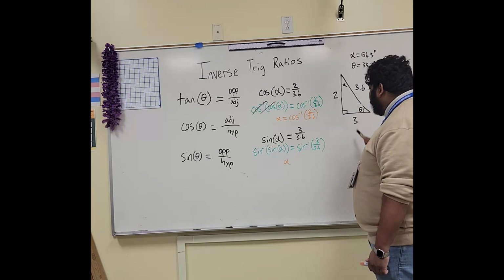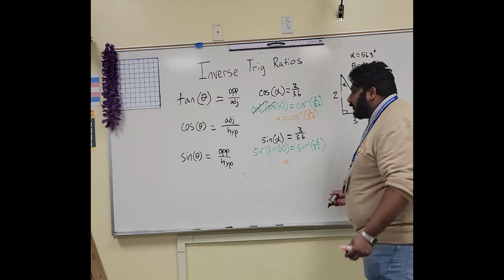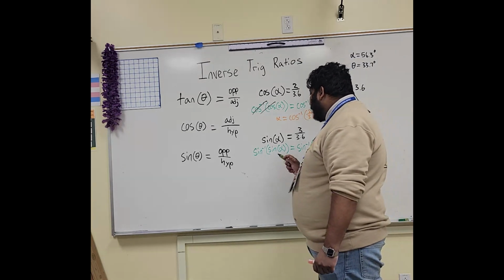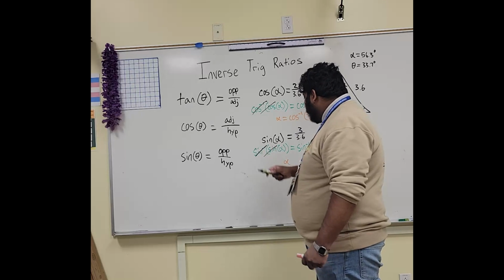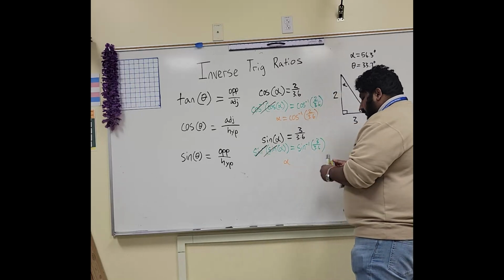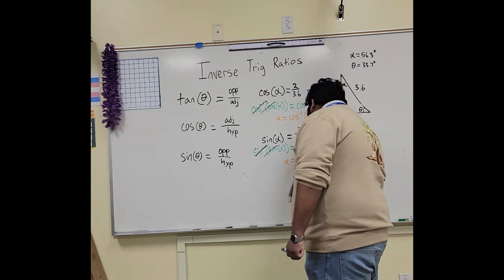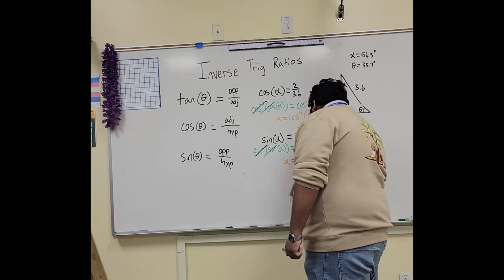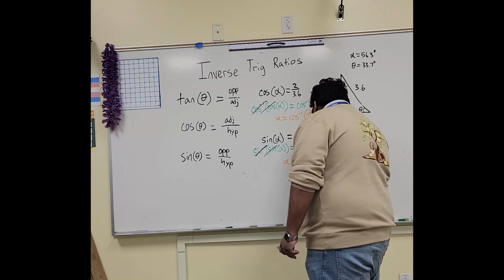That's our opposite side, that's our hypotenuse. We're using the inverse function to get rid of the main function so that we can solve for the angle, and find that alpha is equal to inverse sine of 3 over 3.6.